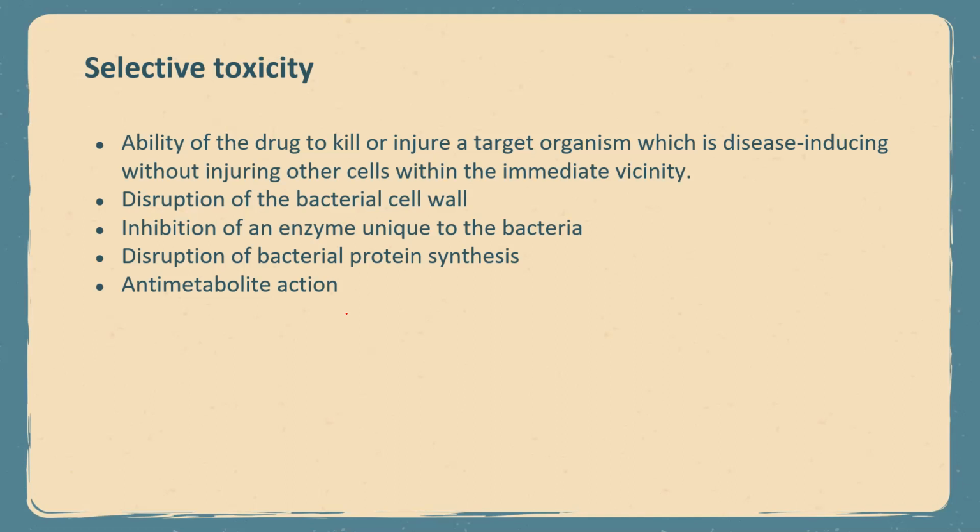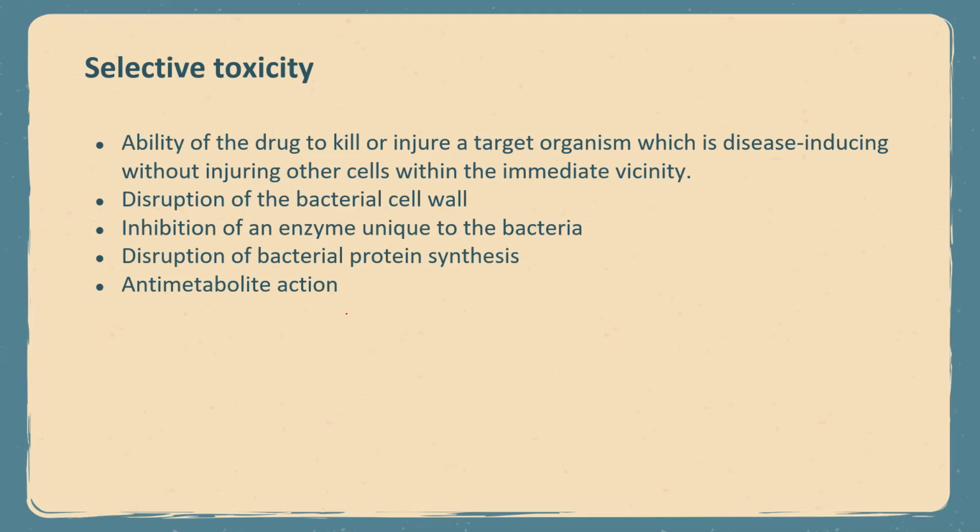Remember that the property of antimicrobial agents is to be selectively toxic. And aside from that, the differences in the biological hierarchy and other processes critical for the survival of our microorganisms can thus lead to what we call toxicity.